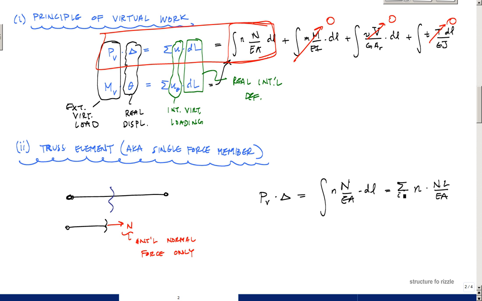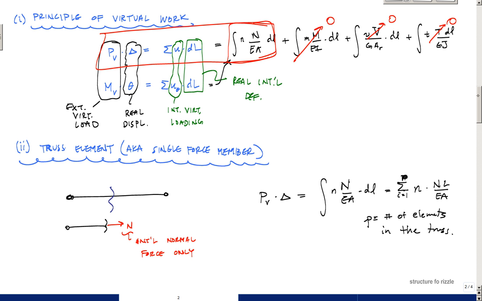So i equals 1 to P, because we don't use the symbol P for anything else. Hopefully. Here, P is defined as the number of elements in the truss. So really that's why we have just that relationship here.